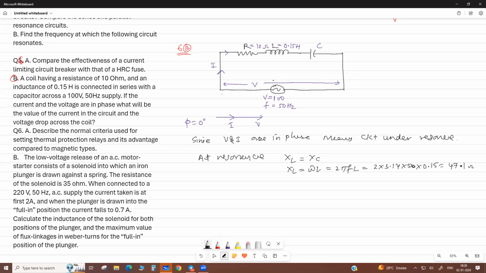Correct? Same. Now, there is a voltage across this VR, VL, and VC. But it is asking the voltage across coil, means up to here. Total coil. Okay. So what is the voltage across coil? So now we ask what is the value of current in the circuit, total current flowing through the circuit, and the voltage drop across the coil.